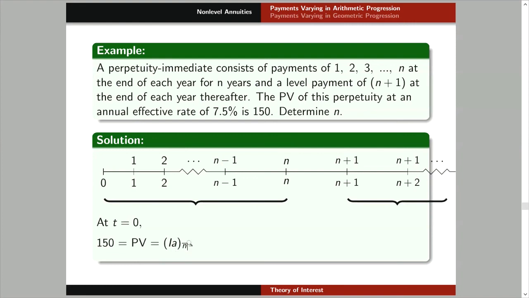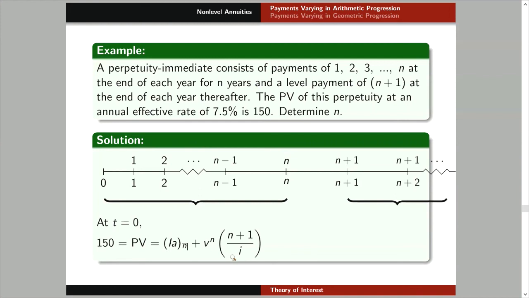Again, if you don't like to use this actuarial symbol, you can go back to our single formula, our PQ formula, where P is 1 and Q is also 1. After getting the present value of the first n payments, we get the present value of this perpetuity with level payments of n plus 1. It's just n plus 1 over i, but you need to multiply it by v to the n so that you can carry it to time 0.